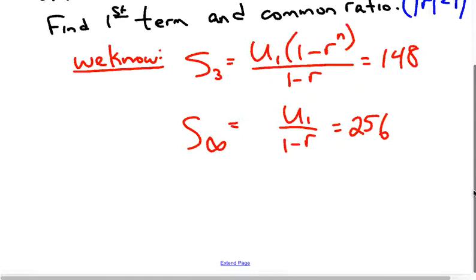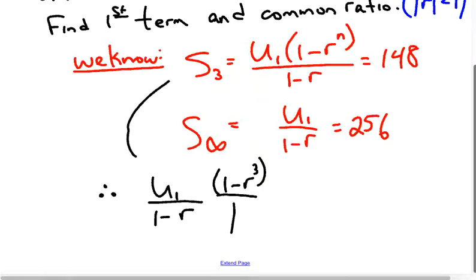So if I took this second one here, knowing that n is going to be 3, therefore u1 over 1 minus r times 1 minus r to the third, that's really just this one again, is going to equal 256 times 1 minus r to the third.